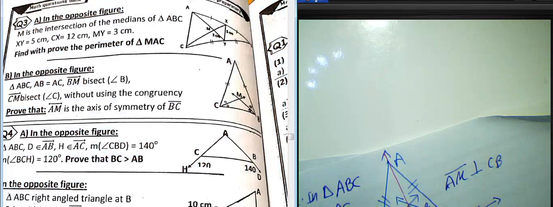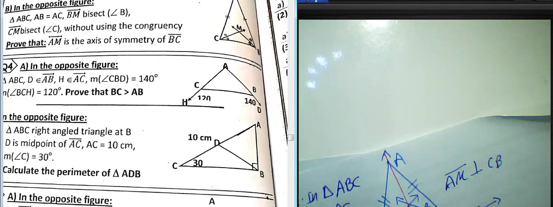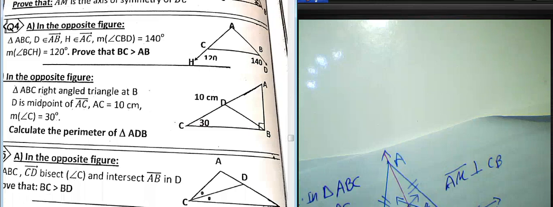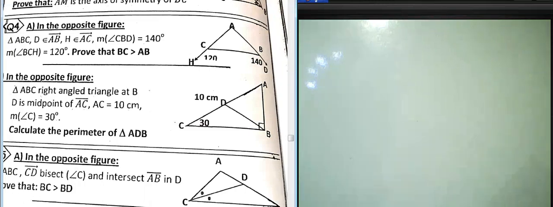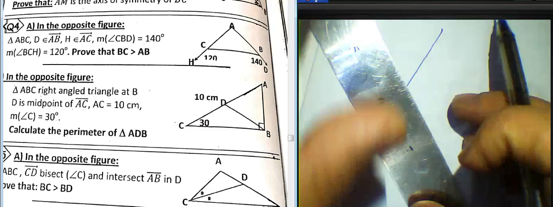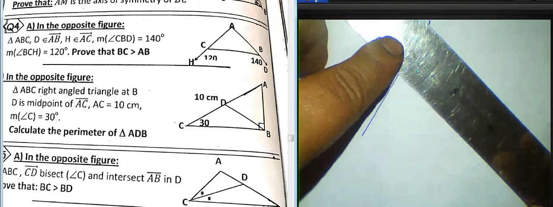Okay, question number 4. Look at question number 4 with me. In the opposite figure we have a triangle here, and here another triangle.